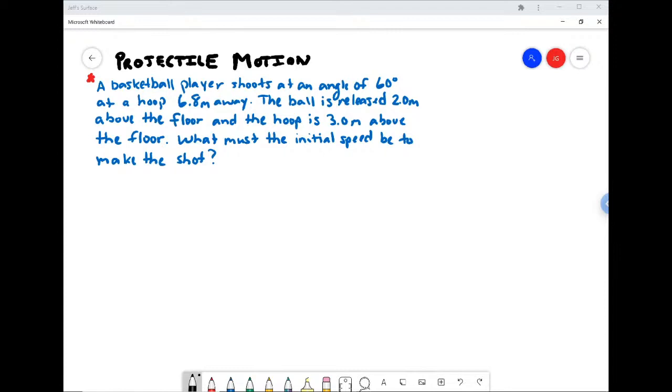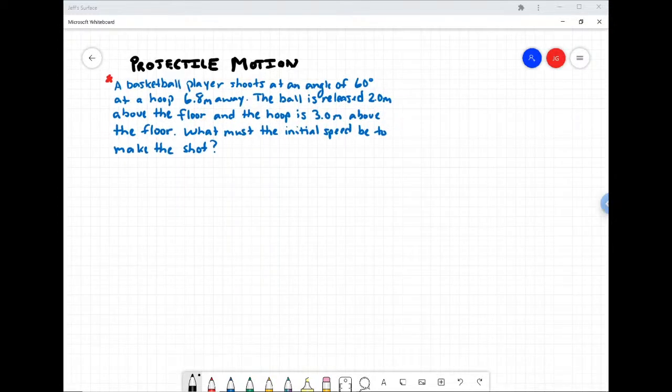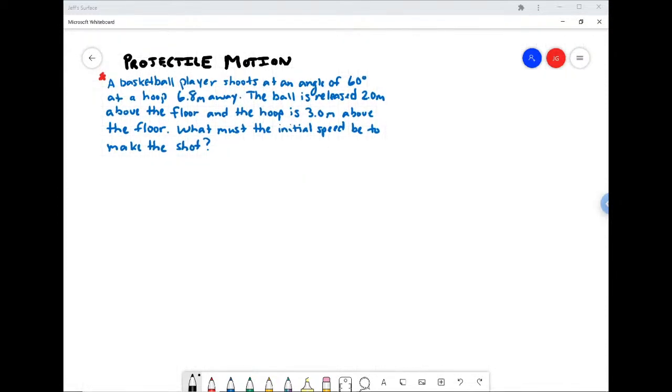Okay, step 1, read the problem. Step 2, draw a picture. So I'm going to draw a picture of this basketball player making this shot. So we got a stick figure.